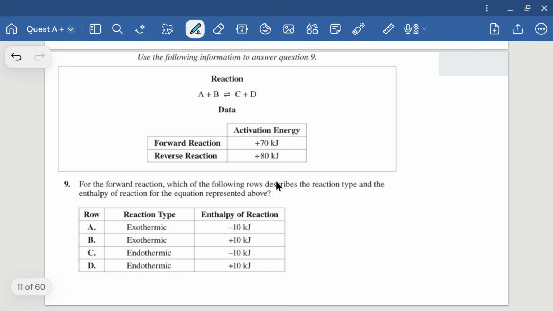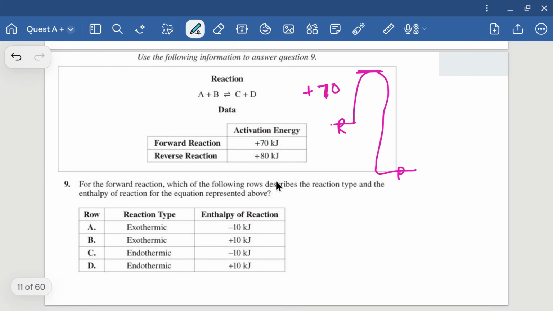This next one, we have some information about the forward and reverse reaction. So if it's telling us the activation energy of our forward reaction is less than our reverse reaction, you can kind of draw this, and it's not to scale at all. The distance from your reactants to the top of the hill, that is the activation enthalpy of the forward reaction.